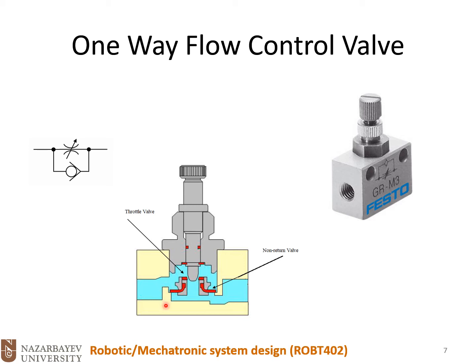When the air flows from left to right, you see that we have some plugs, and the air itself will close this plug, so air cannot flow through this pathway, and it has to go through the throttle valve.